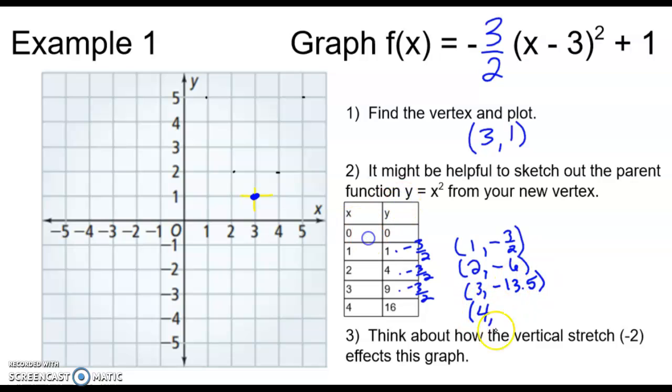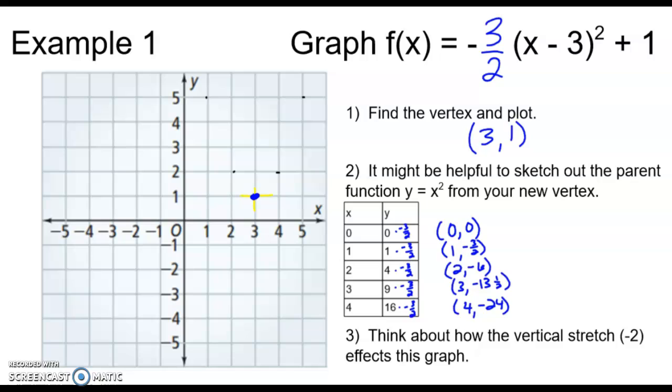If I wanted to do 4, just to try that, 1.5 of 16, half of 16 is 8, plus 16 would have been 24. Obviously those aren't going to fit on my graph paper, but I wanted you to see how to do those. From there we can graph those points from that vertex.